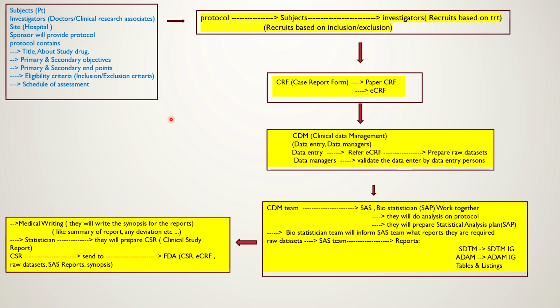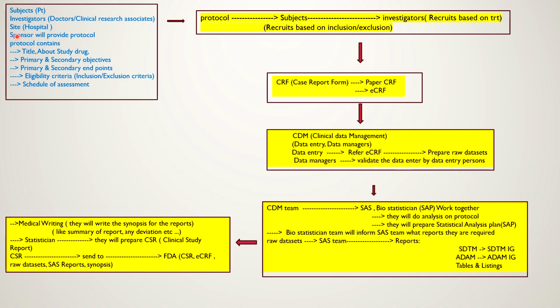First of all, what will be there in the protocol? In the protocol you can see the study title, about the study drug, primary and secondary objectives, primary and secondary endpoints, eligibility criteria, and schedule of assessments. Everything will be available in the protocol.